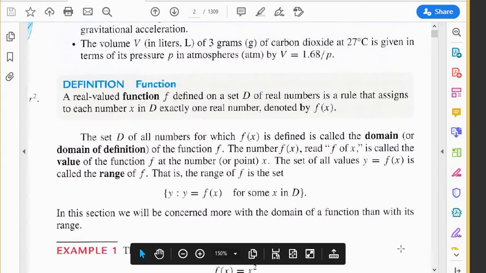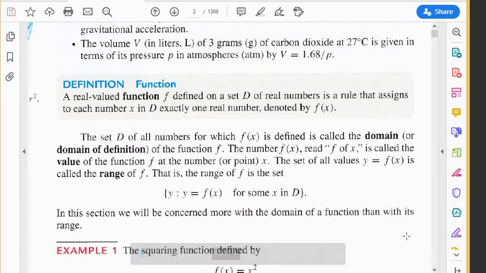Definition of a function: a real valued function f defined on a set D of real numbers is a rule that assigns to each number x in D exactly one real number denoted by f of x. The set D of all numbers for which f of x is defined is called the domain of the function.